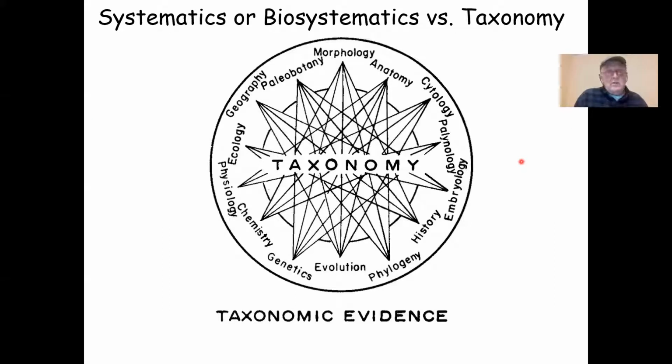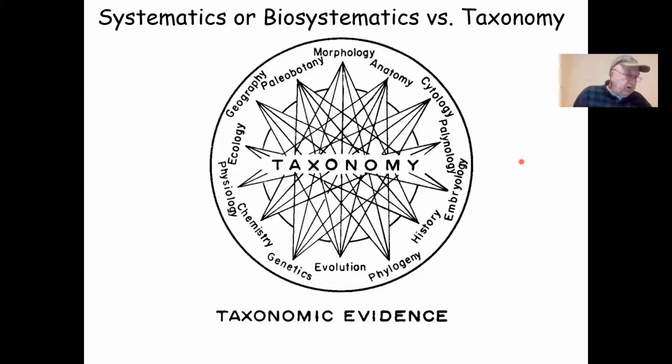Now, back when I first started this business, it was called taxonomy. And taxonomy historically was based on the way something looks. In other words, it's based on morphology. Morphology is the study of form and structure.